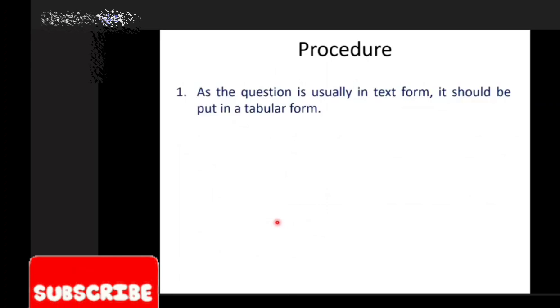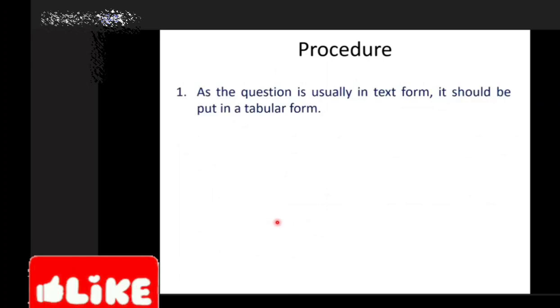Now, the question will be given in running text. You first make a table. You remember the day's work where the question was given in running text and you made a table for the day's work. Exactly the same way, make the table which suits the information given.